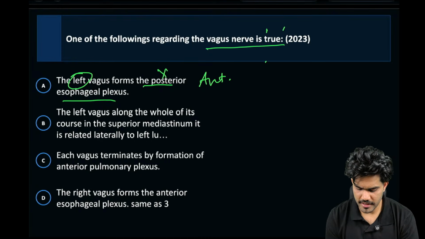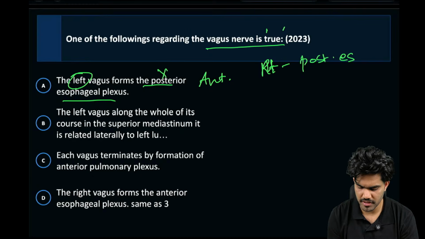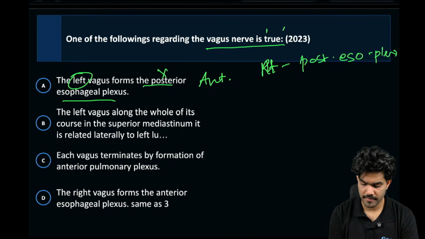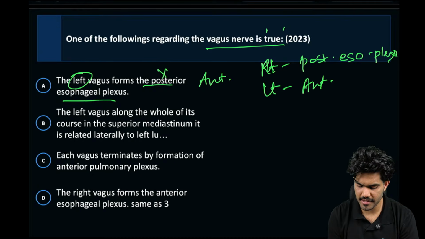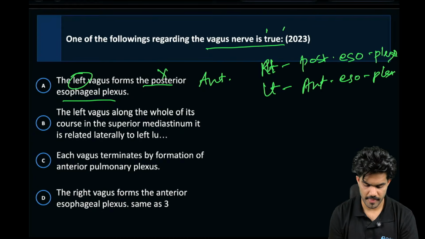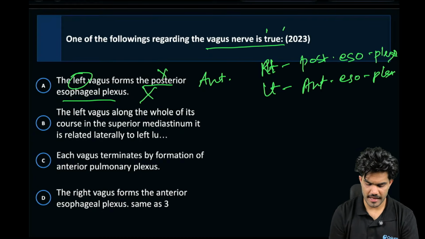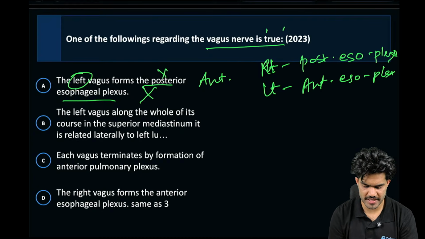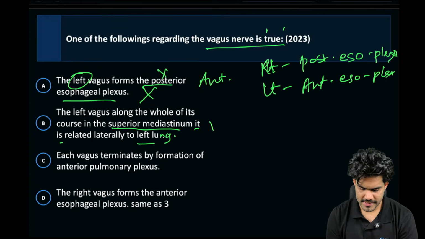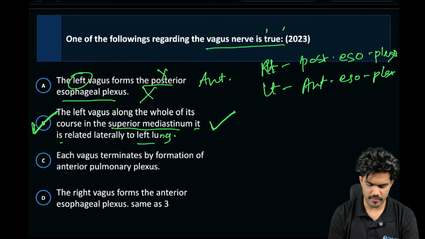Right vagus will form the posterior esophageal plexus, and left vagus always forms the anterior esophageal plexus. So this is not true. Left vagus along the whole course in the superior mediastinum relates laterally to the left lung. Yes, this is true.